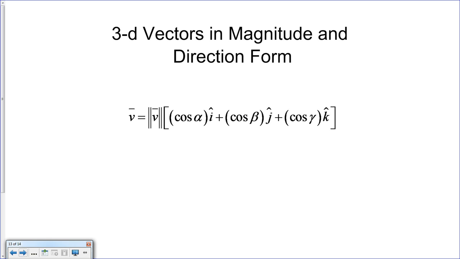Okay, because we're not just always referencing the x-axis, they've each got their own angle back to their respective axes. So that's why they are all cosine. So this is probably the biggest change that we see in this section, that all of these are cosine values instead of some of them being cosine and some of them being sine.